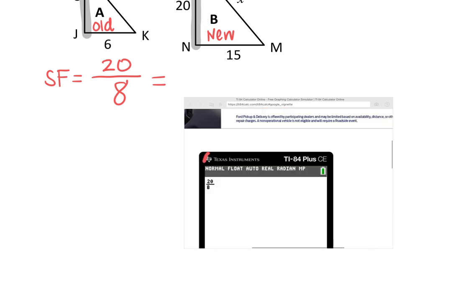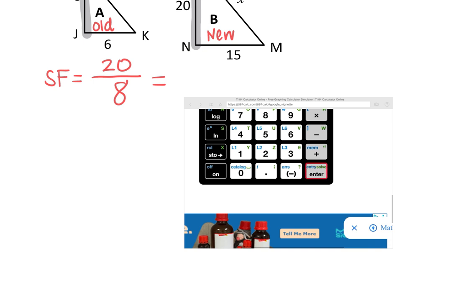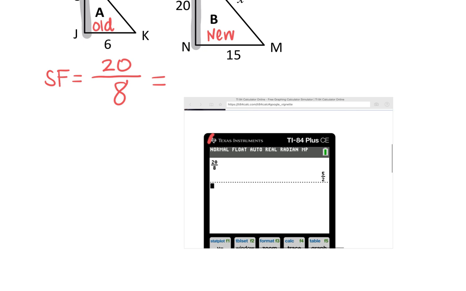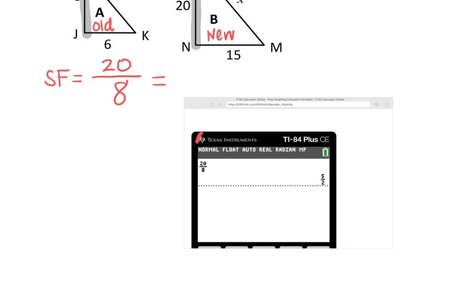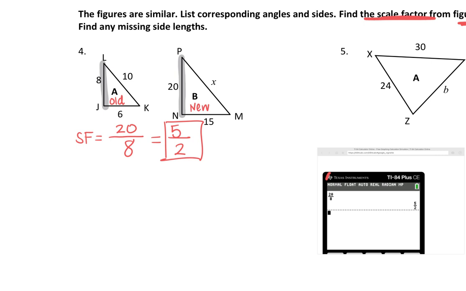Let's see if I have it in there. Yep, enter. Okay, so it reduced this to 5 over 2. Perfect. So my scale factor is 5 over 2. So that's the first thing I wanted to find, my scale factor.